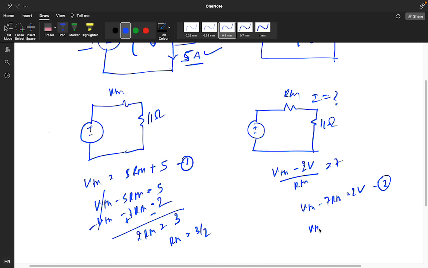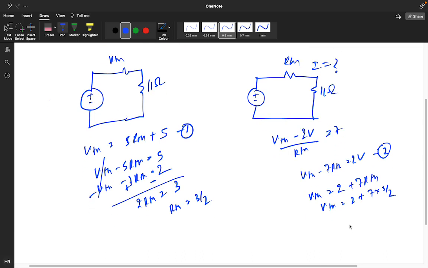Put the value and get VTH. VTH will be 2 plus 7 RTH, so VTH is 2 plus 7 into 3 by 2. How much do you get? 4 plus 21 is 25 by 2. So VTH will be 25 by 2.